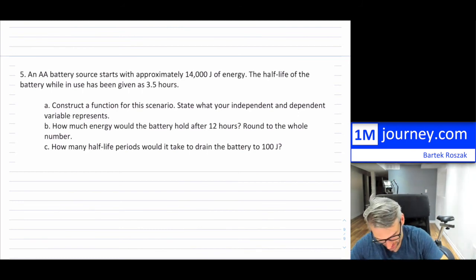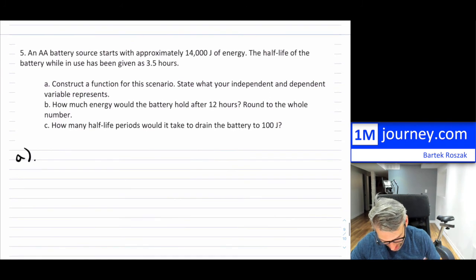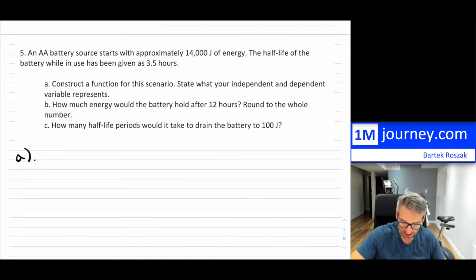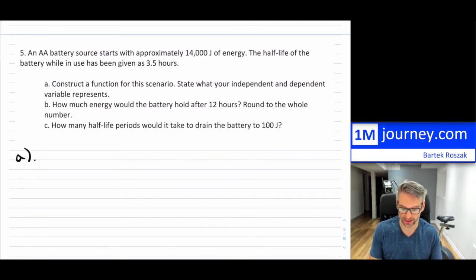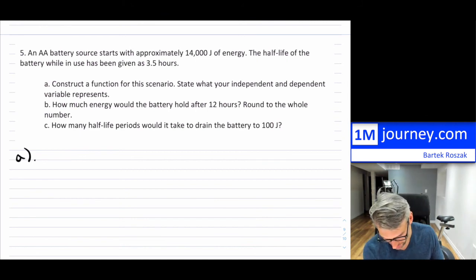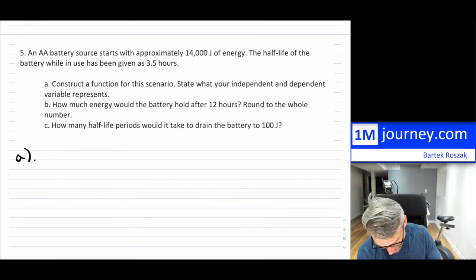All right. So if you're working this out, there are two ways. Because we have half-life, you're either going to do it in time, t, or you're going to do it in half-life periods. I'm going to provide you both. So this is energy.